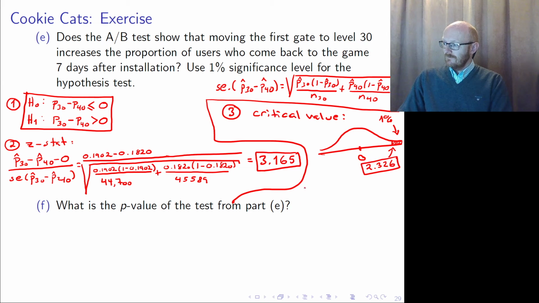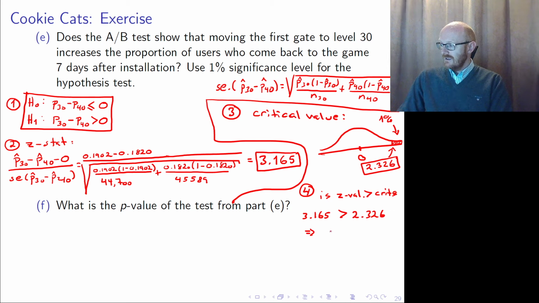So then we have to test. Is our Z value greater than the critical value? Okay, and our Z value is 3.165, which is greater than the critical value of 2.326, right?